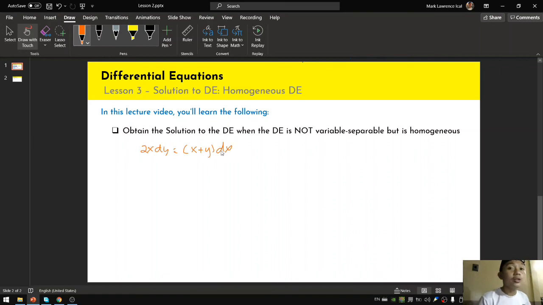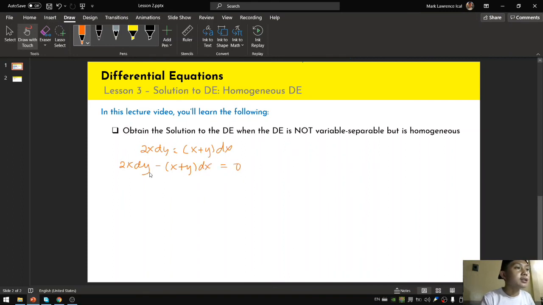Okay? So, hindi to separable kasi meron tayong plus sign. So, hindi mo ma-separate yung x at saka y. So, you do the same method. So, looking at the 2, ayusin mo na muna. 2x dy, okay, minus x plus y dx is equals to 0.